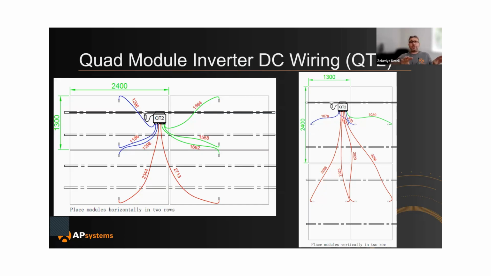You have different options in terms of layout, like how you would connect the micro to the modules. It really depends on the overall layout, right? I'm going to show you one very simple example, but you can choose 2x2 landscape or 2x2 portrait. It also depends on your racking, whether you're doing portrait or landscape.